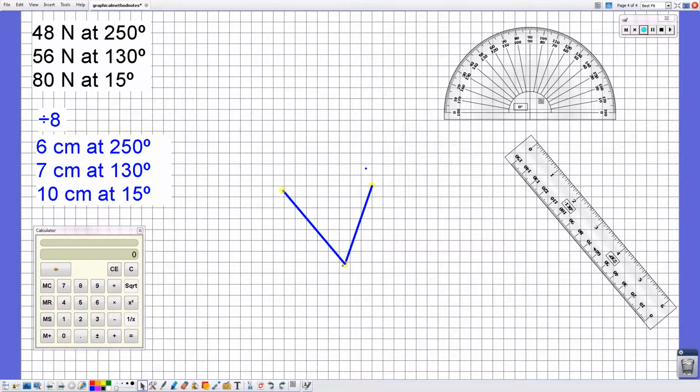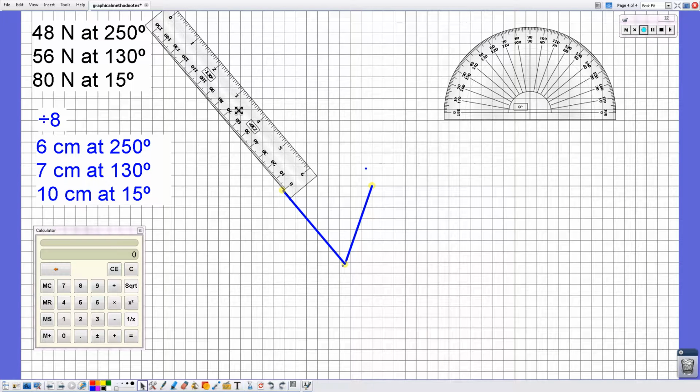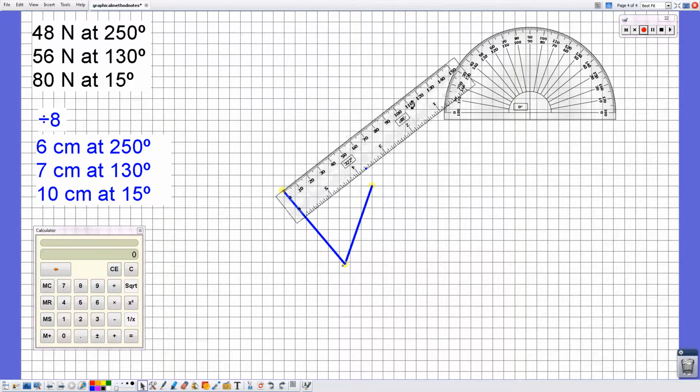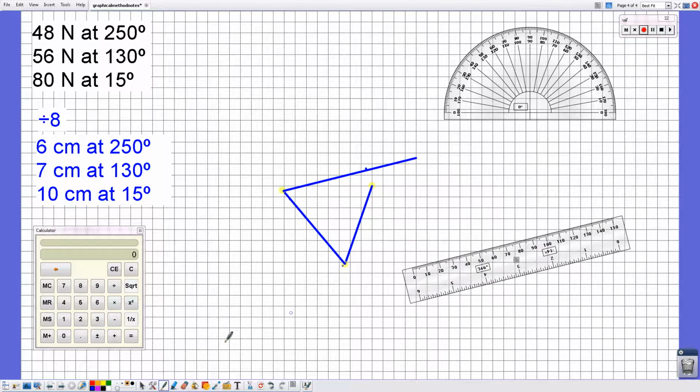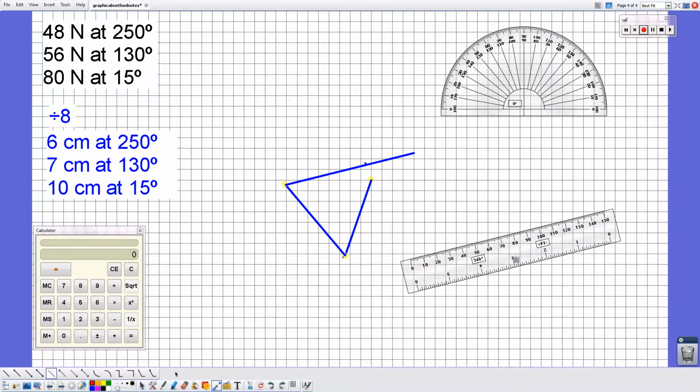And now let's see, I want this to be 10 long. 10. Alright. And you can tell that I didn't do that perfectly. I'm close enough. So now I'm going to go beginning to end.